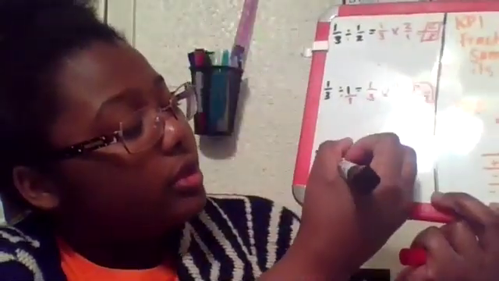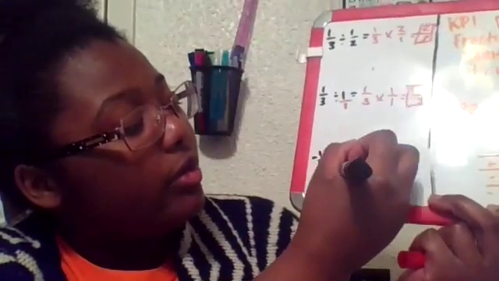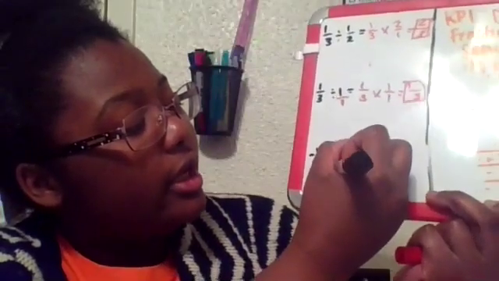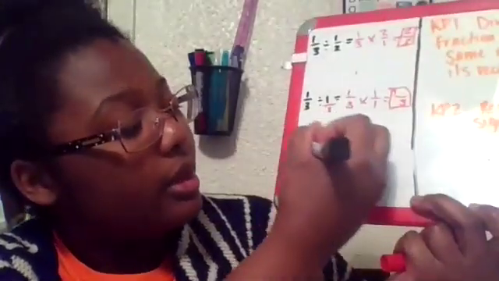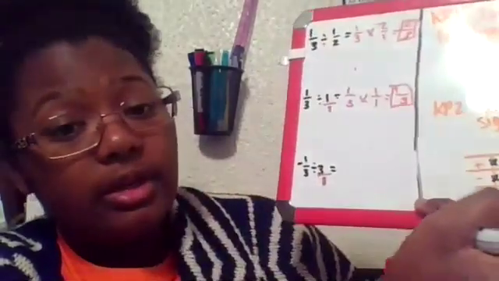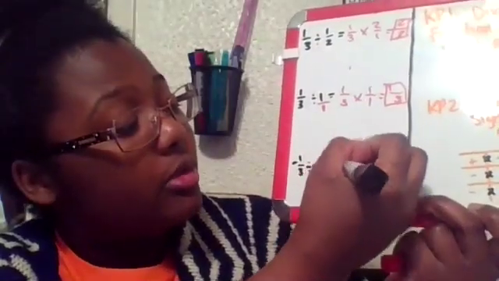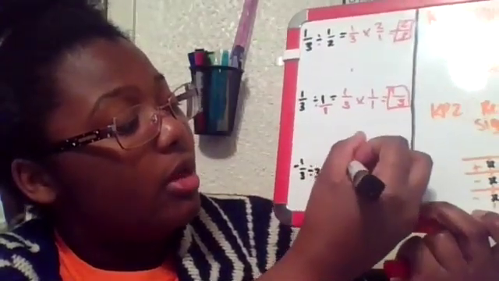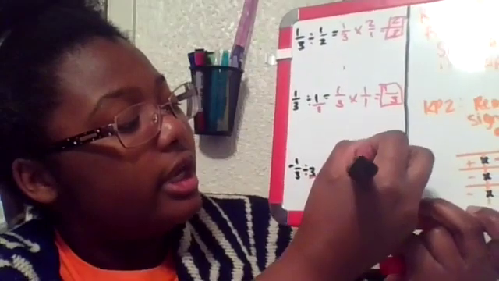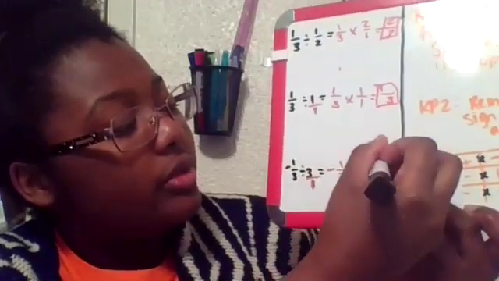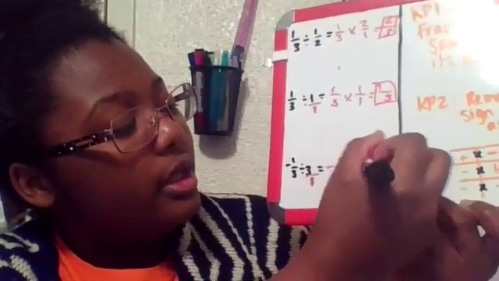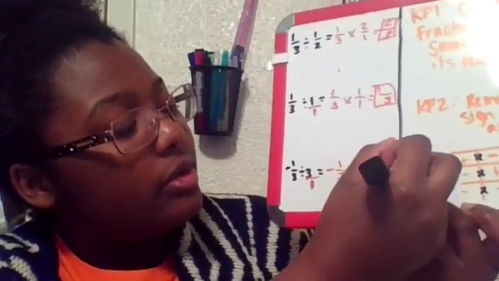Our third one is negative 1/3 divided by 3. And we'll put 3 over 1, because remember, you always put it over 1. But we need to flip it because we're multiplying by the reciprocal. So negative 1/3 times 3 over 1. 1 times 3 equals 3.